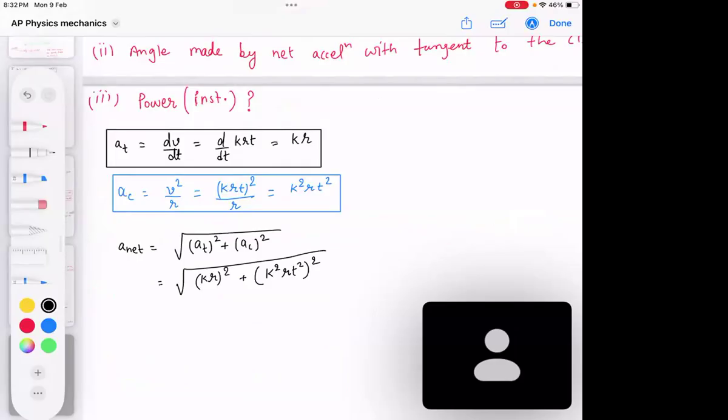If you take k square r square common, k r will come outside, 1 plus k square t to the power 4. So this is the net acceleration of the particle, the resultant of tangential and centripetal acceleration.